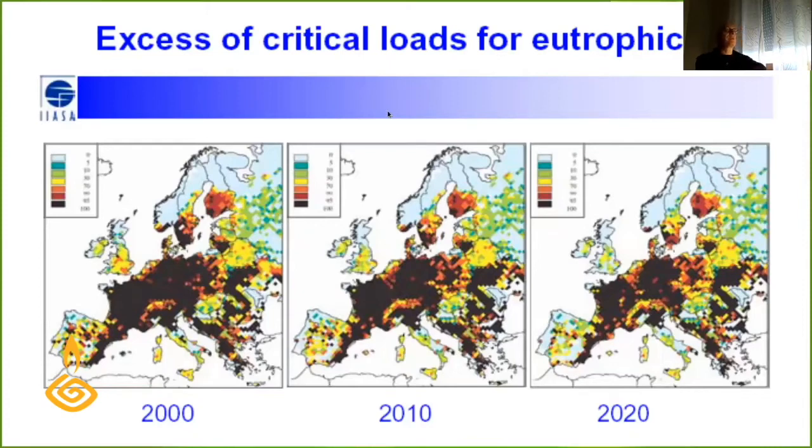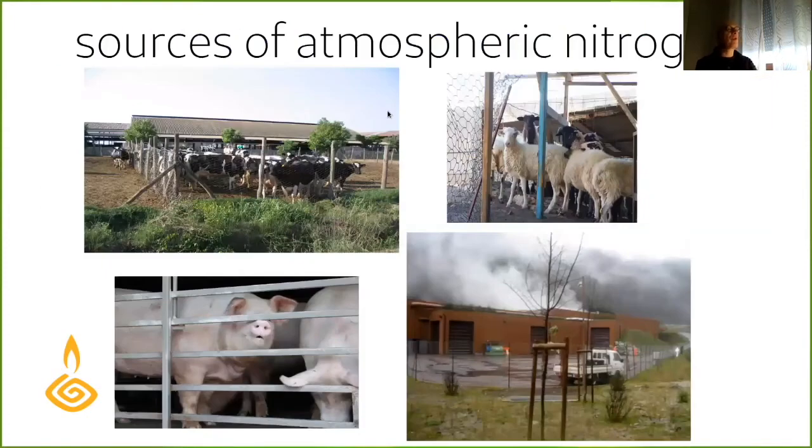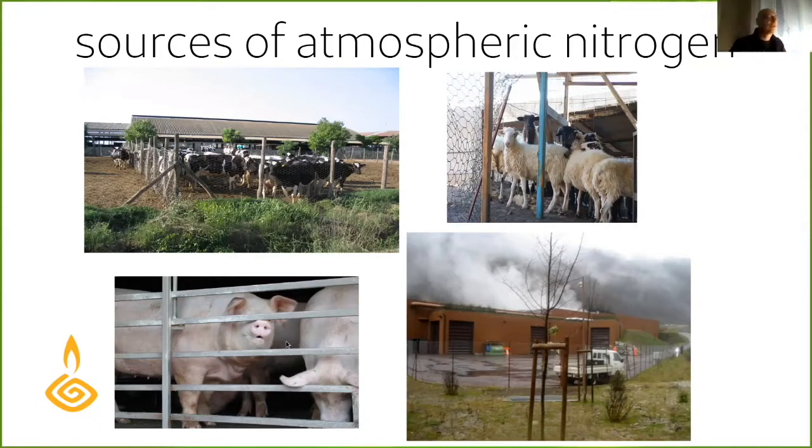And what is the cause of atmospheric nitrogen pollution? Mostly agriculture and animals. Another source of pollution is the industrial production of compost from the organic waste of cities and citizens.